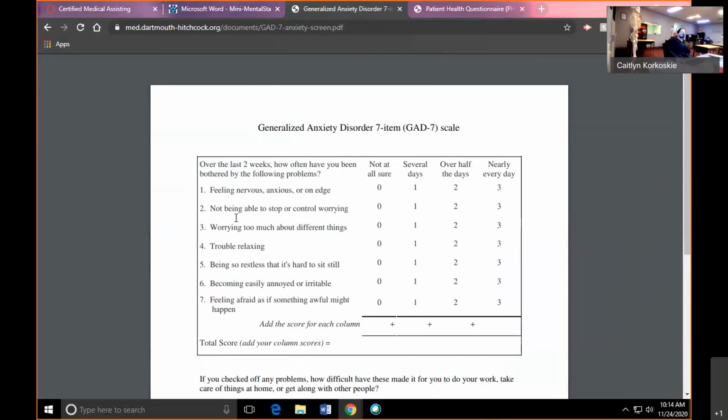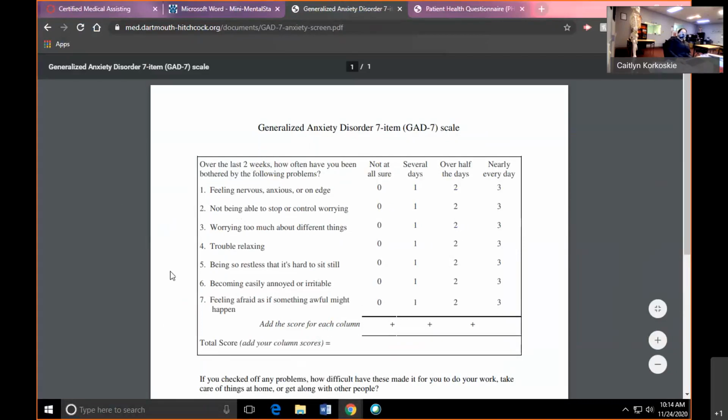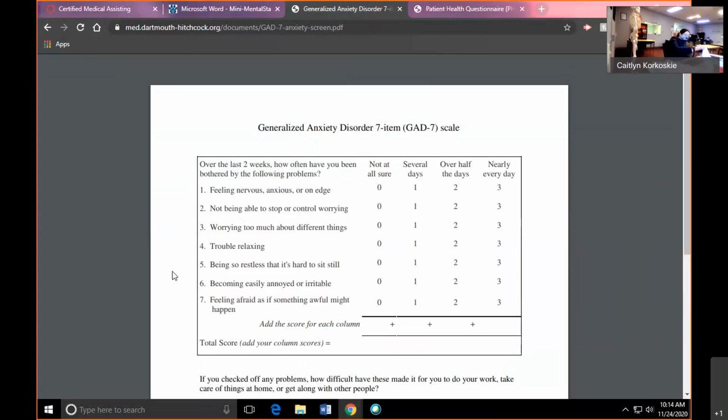And then I'll go over the PHQ-9. You'll usually give both of these to the patient together when they come in. Depending on their score, they have to be done either every time they come in for a follow-up on their medication, or every 6 months.